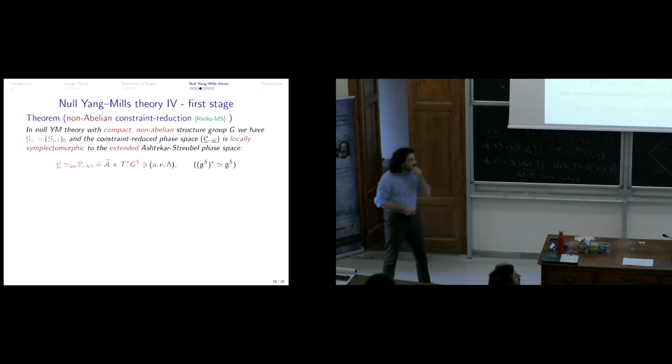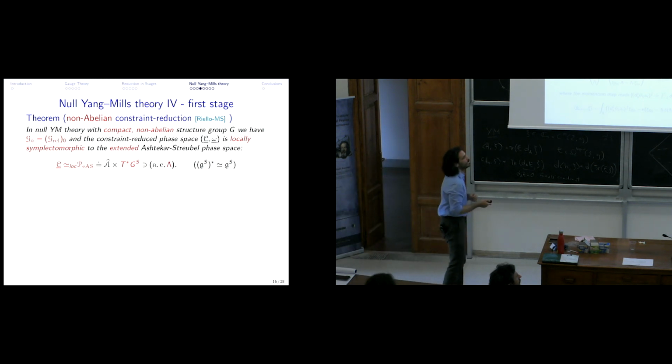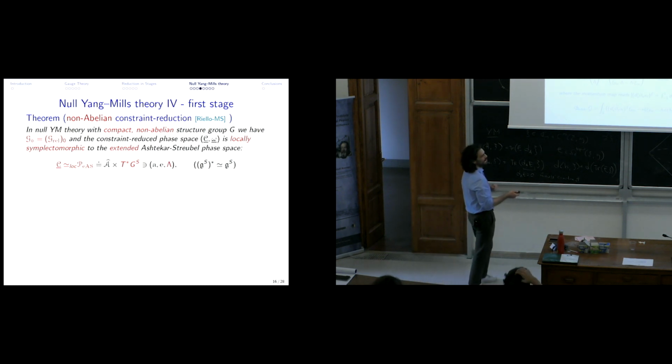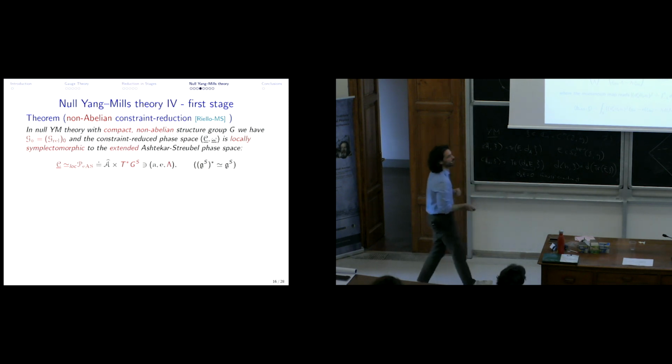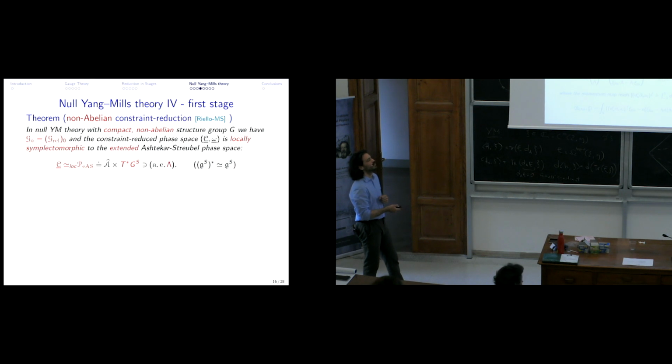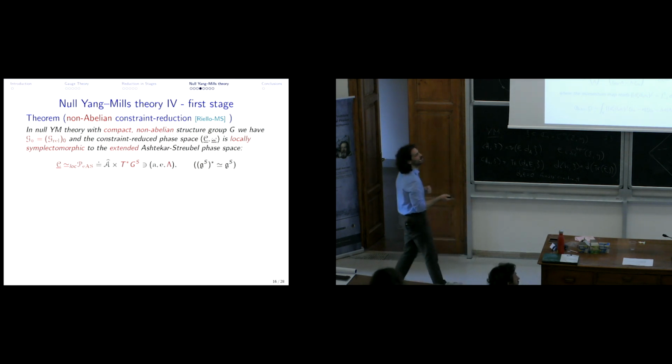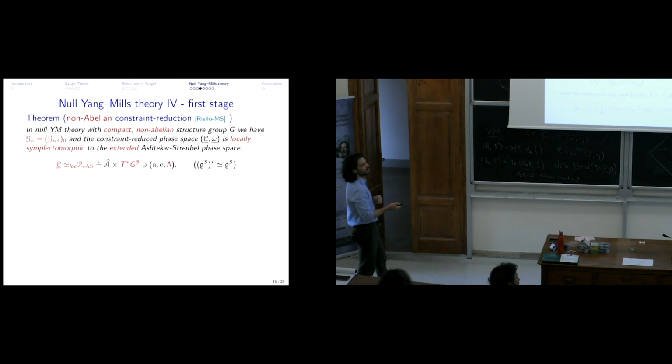Okay, so here is our result. Applying the construction that I discussed before, for Yang-Mills theory with a compact non-abelian structure group G, we have that G naught is the identity component of the relative mapping group. And we have a local symplectomorphism between the true constraint reduced phase space and this extended Ashtekar-Streubel space.